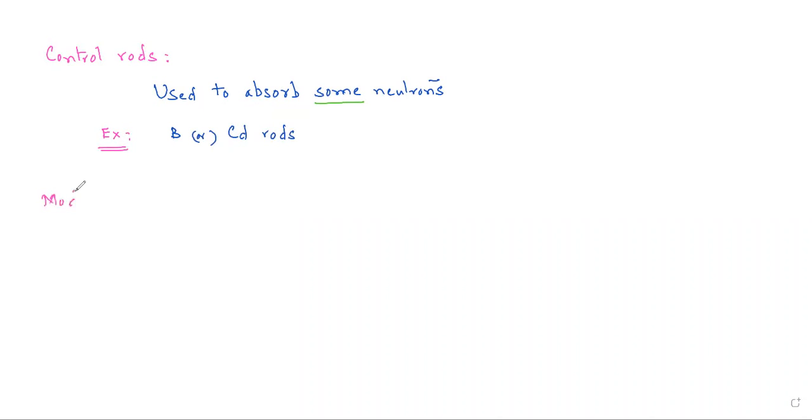Then there is the moderator. Moderator is used to reduce the velocity of neutrons, I mean to slow down the neutrons.